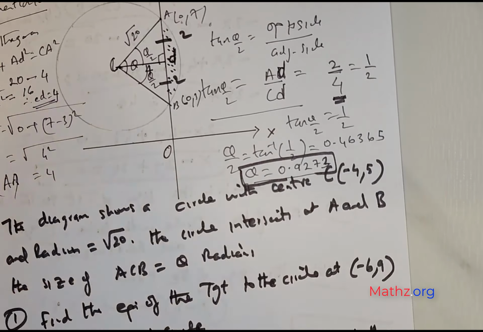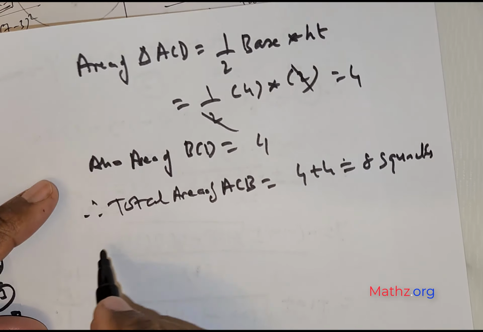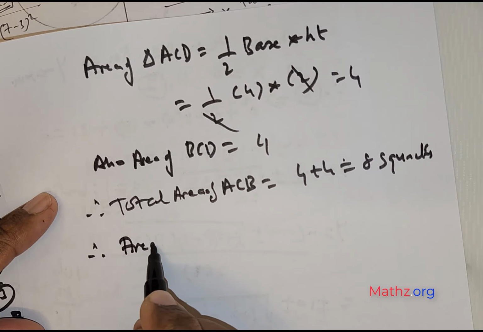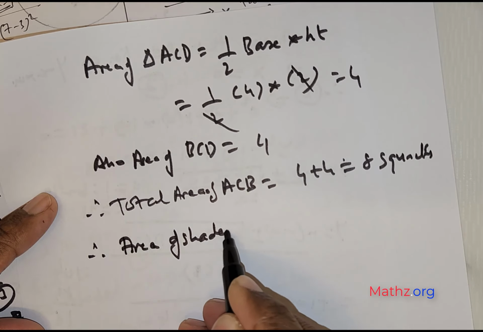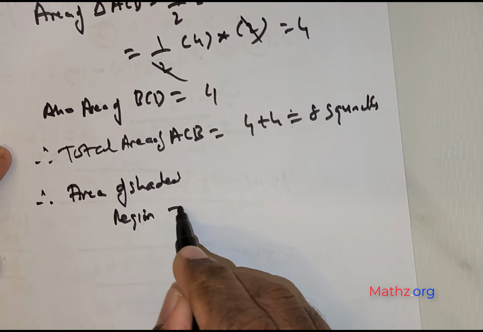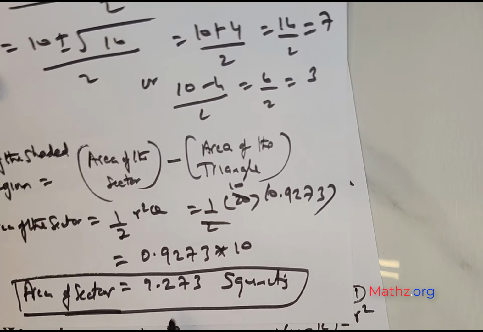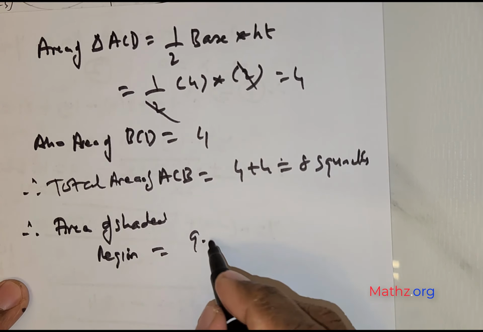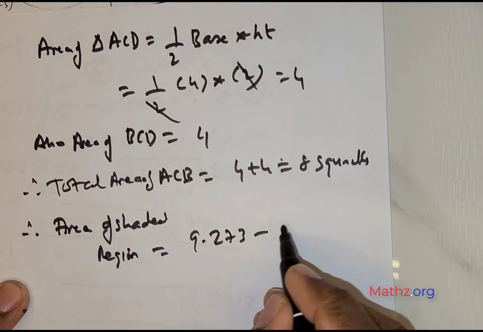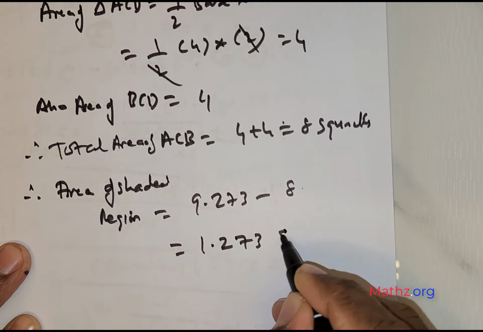Okay. Now we have already calculated the sector area, so therefore the area of the shaded region is equal to sector area 9.273, right? 9.273 minus area of the triangle 8 units, which is going to be 1.273 square units.